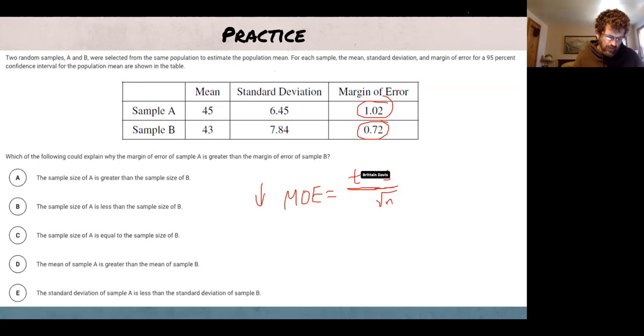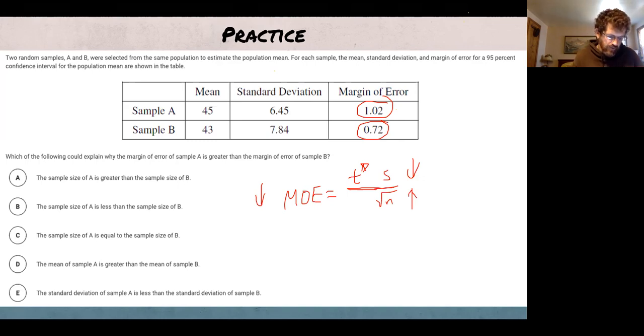Anything that's in the numerator is directly proportional to margin of error, meaning as anything up here goes down, the margin of error is going to go down. Anything in the denominator, as that goes up, the margin of error will go down. So that's how we can determine our relationships. Anything in the numerator is directly proportional. Anything in the denominator is inversely proportional.